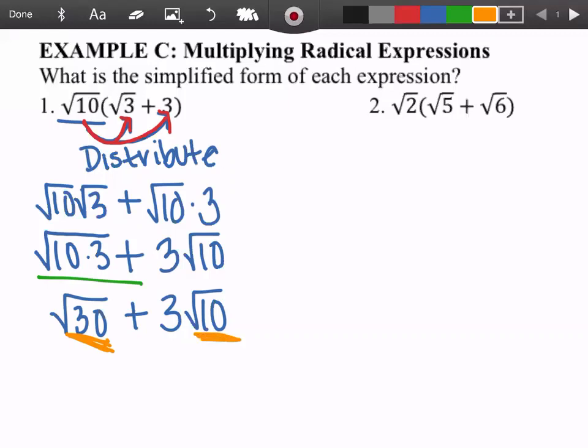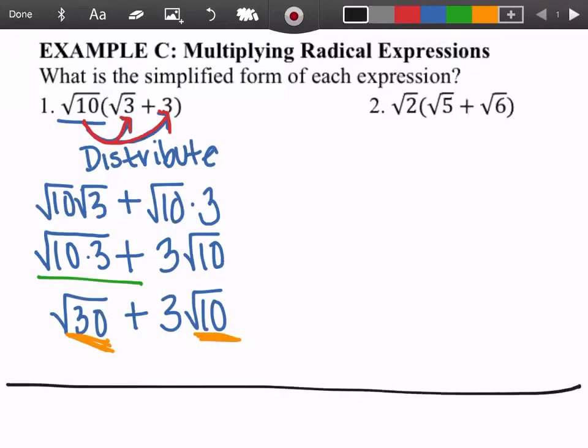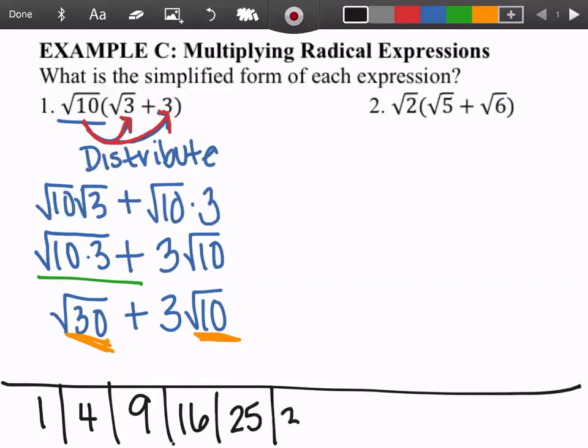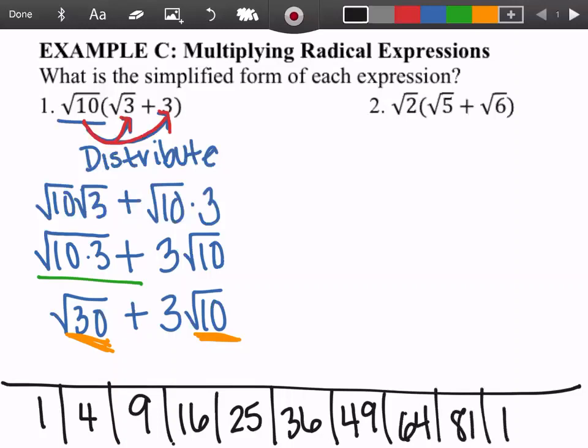And actually, we could write the perfect squares along the bottom to remind us. The perfect squares are 1, 4, 9, 16, 25, 36, 49, 64, 81, 100.